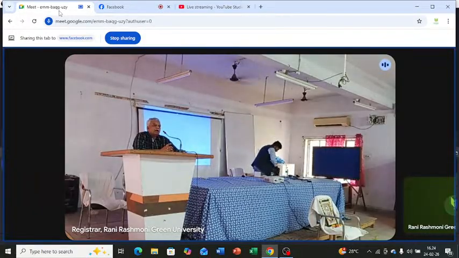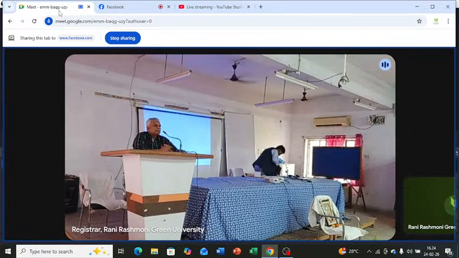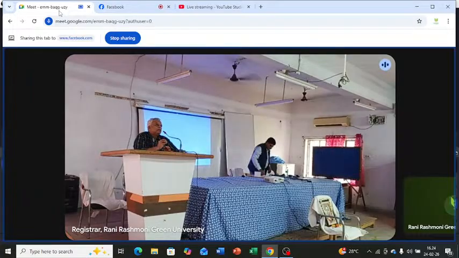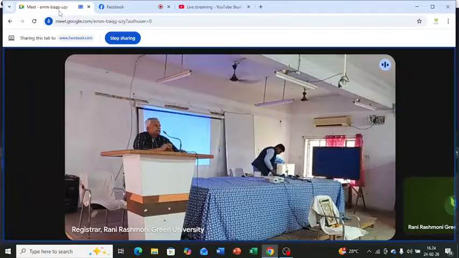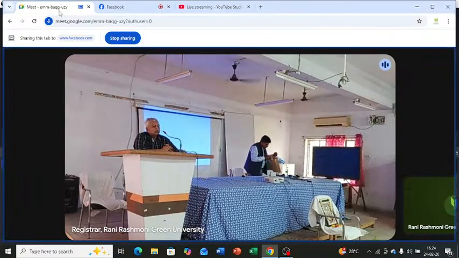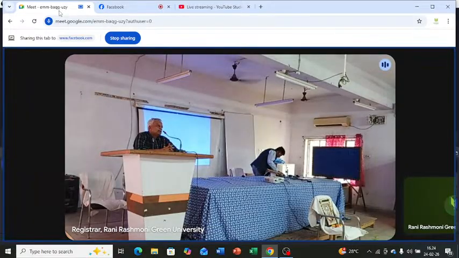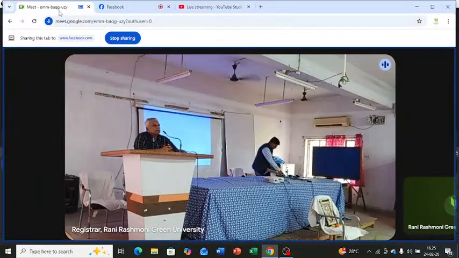Everybody at Loknath station between 10 and 10:35 a.m., and we will provide a vehicle to take everybody to our university campus where the demonstration will be done, and in the afternoon we will take you back to Loknath station for your downward journey. Thank you very much and stay well for the day.